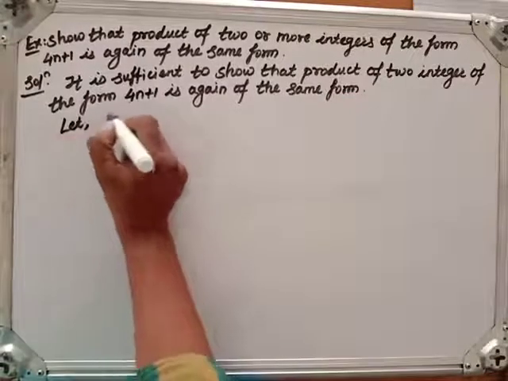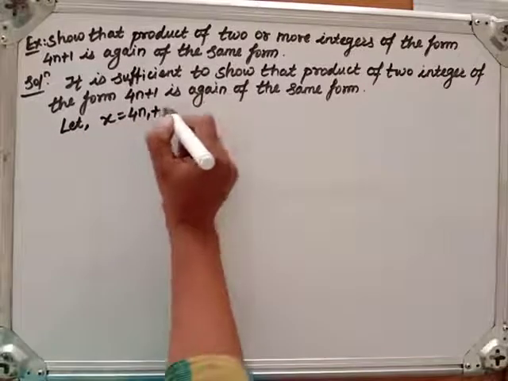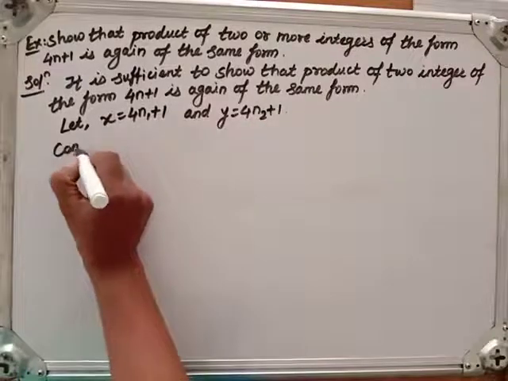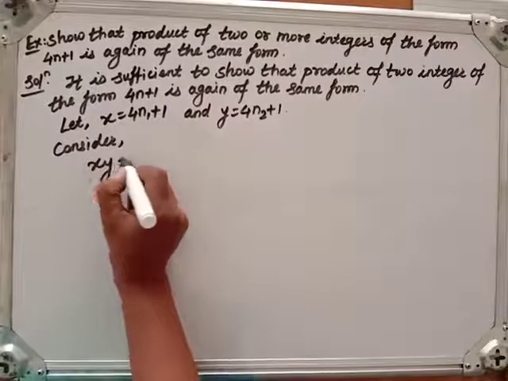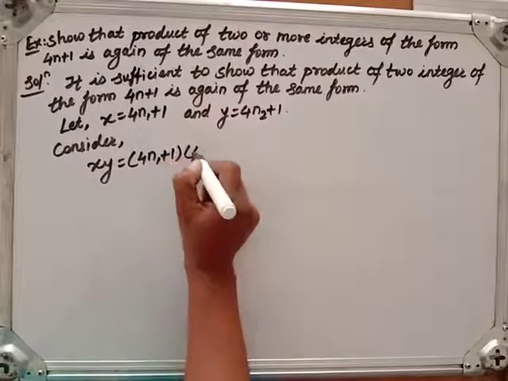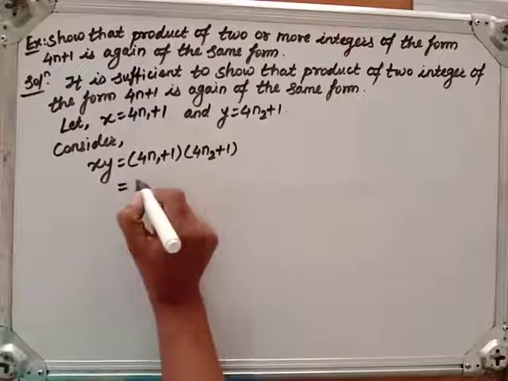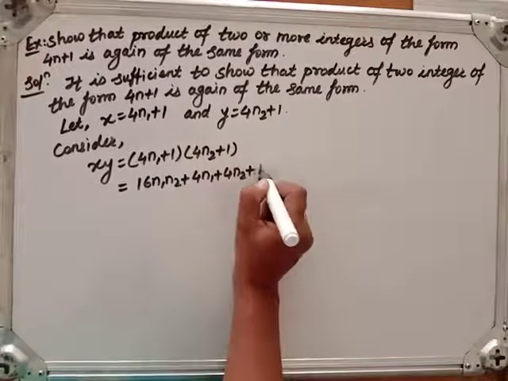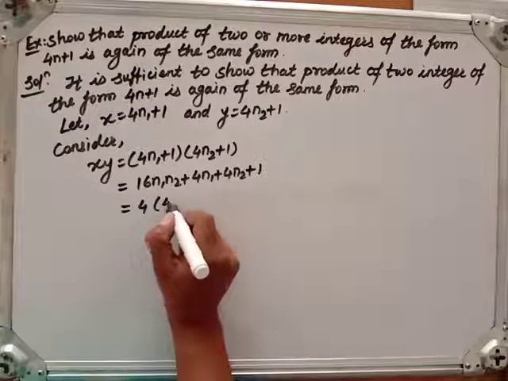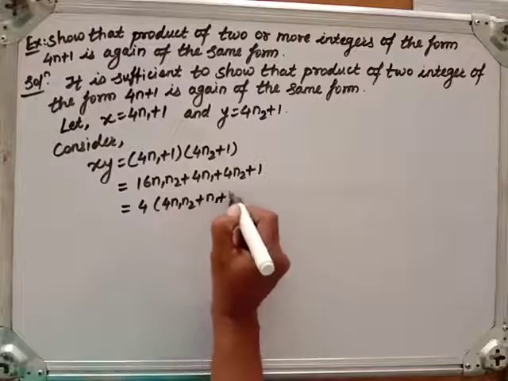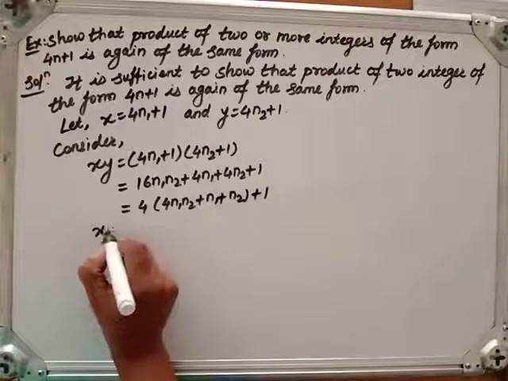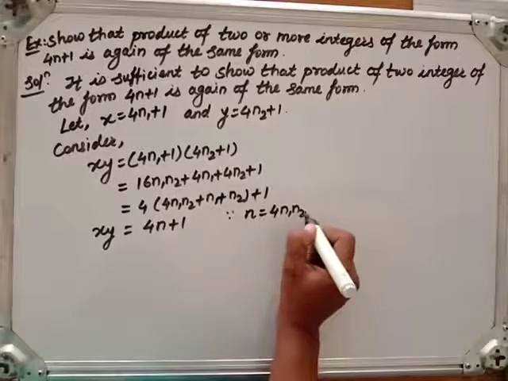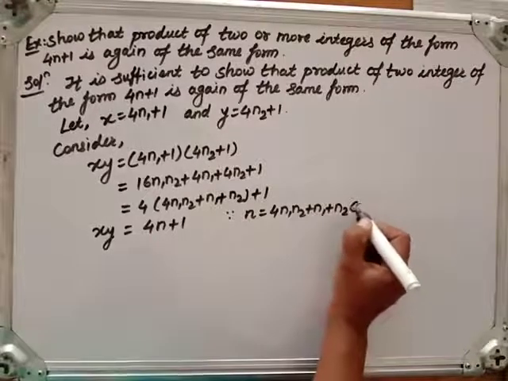So let x equal 4n1+1 and y equal 4n2+1. Consider xy equal to (4n1+1)(4n2+1). So that is 16n1n2+4n1+4n2+1. We can take 4 common, so 4(4n1n2+n1+n2)+1. So xy is equal to 4n+1, since n is equal to 4n1n2+n1+n2, and that is an integer.